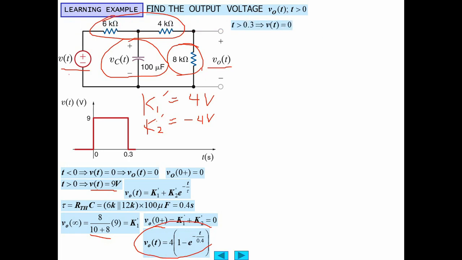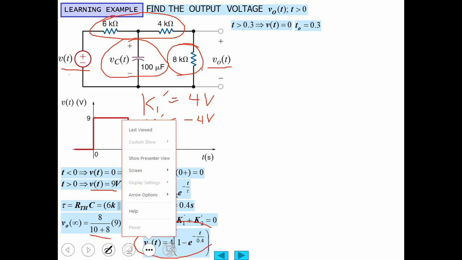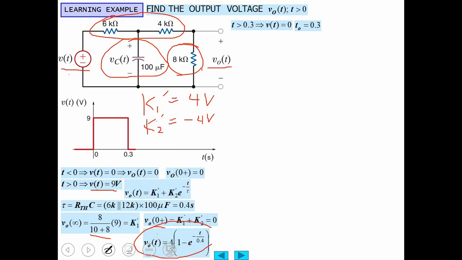Now, at 3/10 of a second, we have to figure out what VO is when time equals 3/10 of a second. And you know, we can run it through the calculator. There it is. There's the equation.